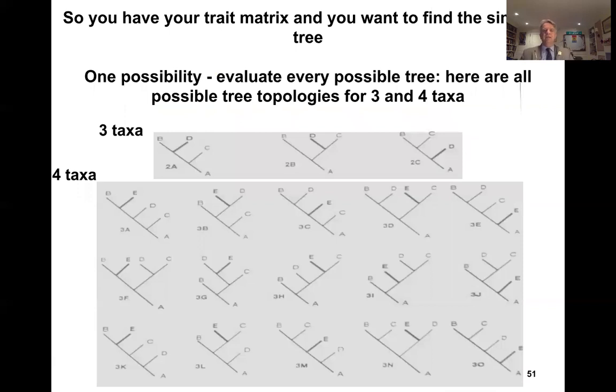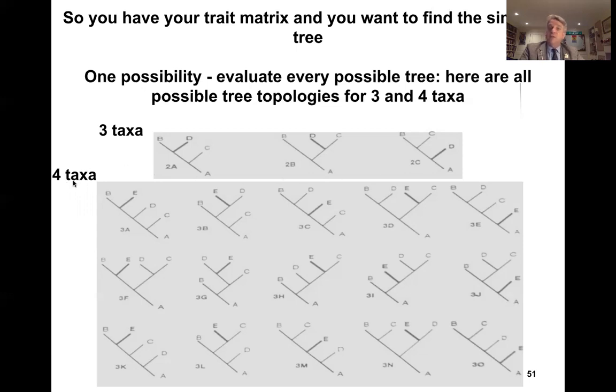Okay, now we've got the trait matrix and we know how to map changes on the tree, and so we want to find the simplest tree. One possibility is we could just evaluate every possible tree. If there are 3 species in the phylogeny, there are 3 possible phylogenetic trees.